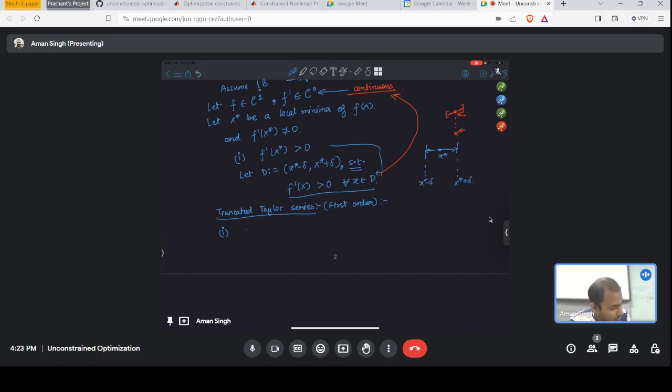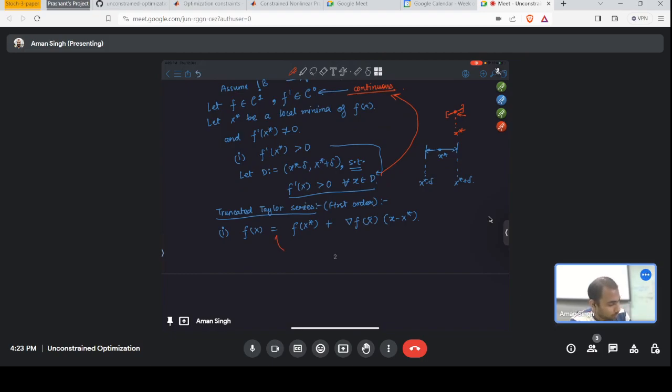So what it means is any function f around some point x star can be represented like this. So notice that this is not an approximate representation.